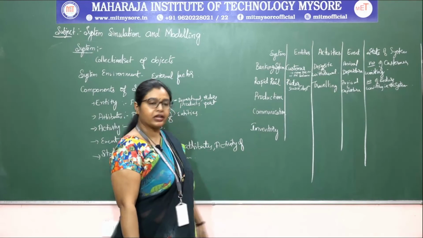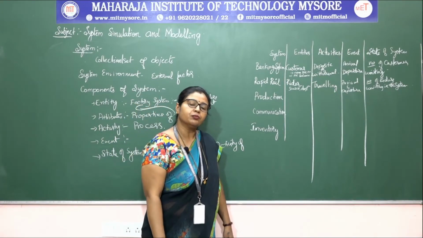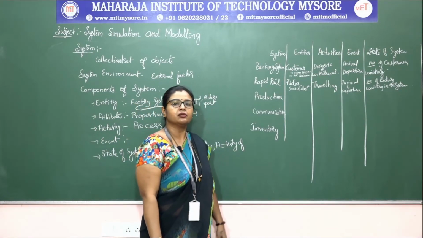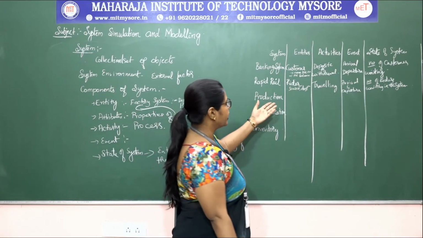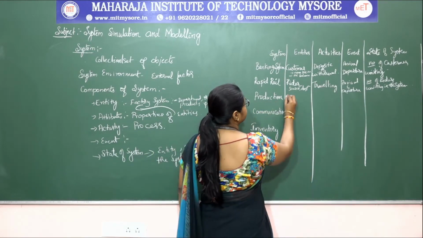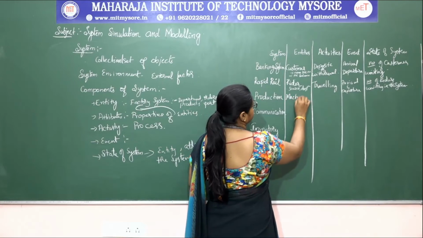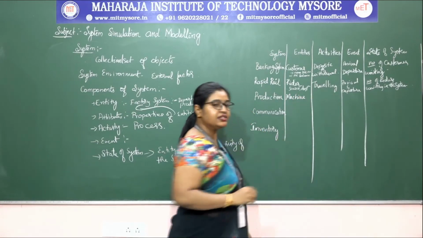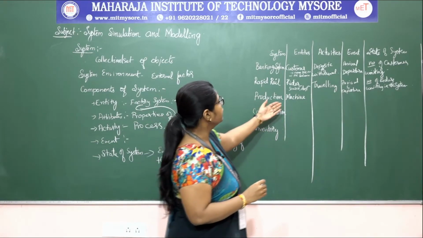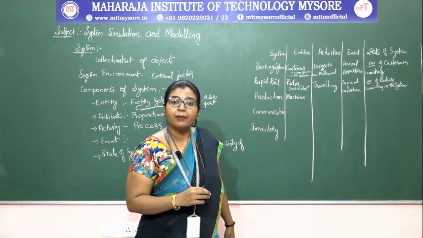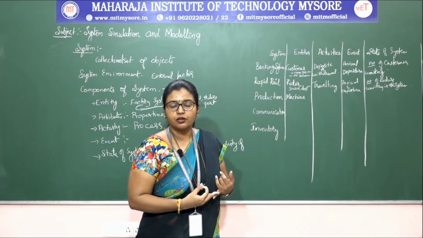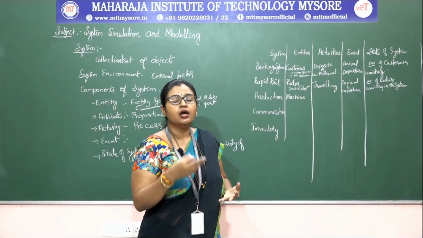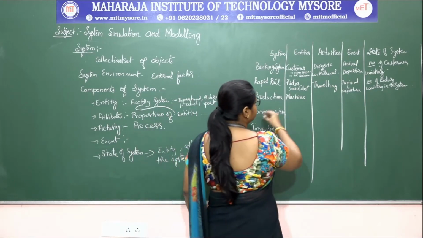Next, coming to the production one. If you consider any production system, you can consider any machine as an entity. Then what are all the attributes of this machine? Definitely the capacity of that machine, the speed of the machine, and then the rate of breakdown.